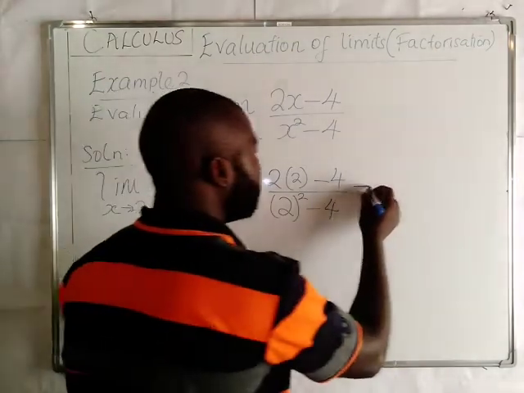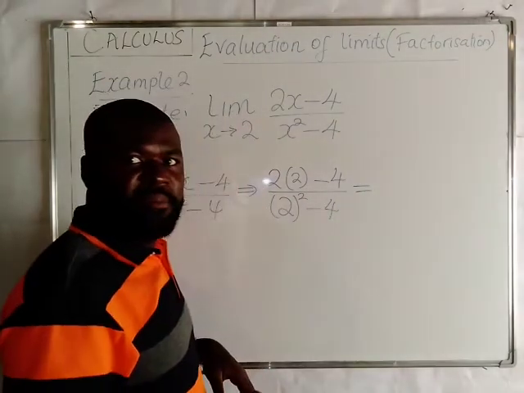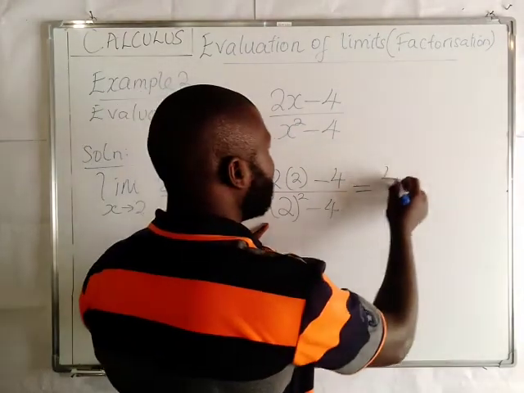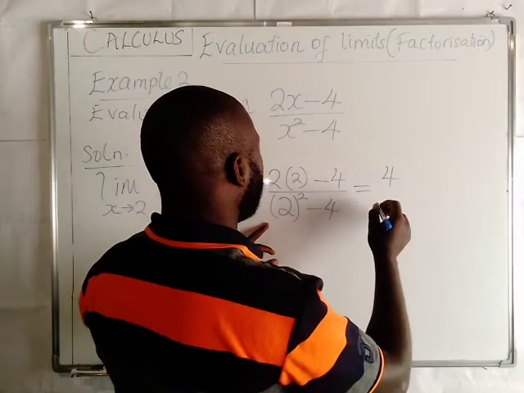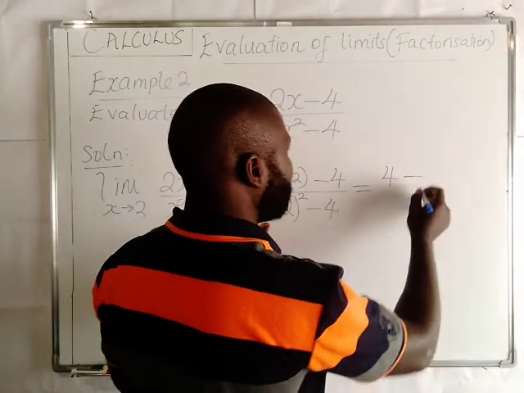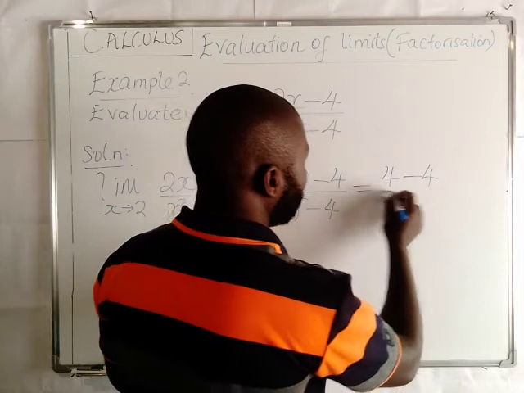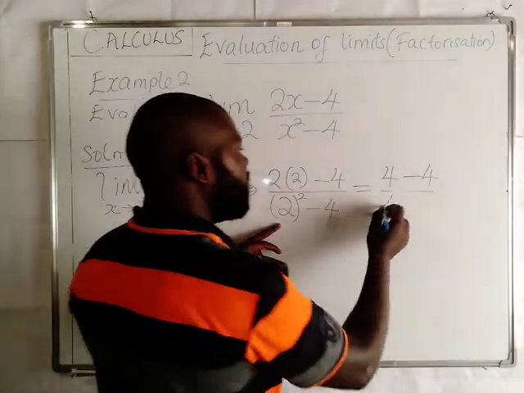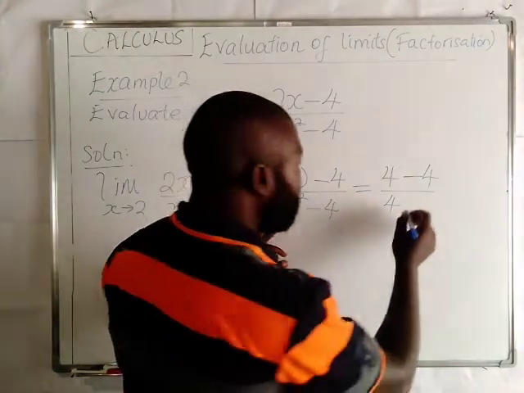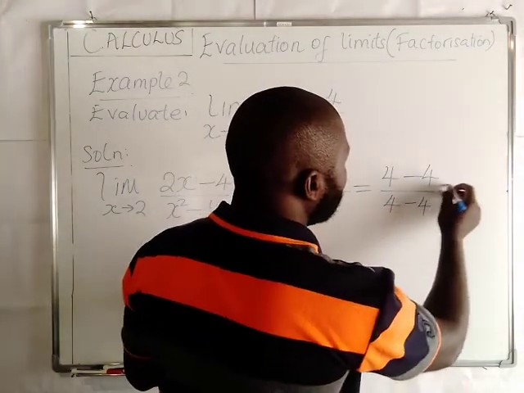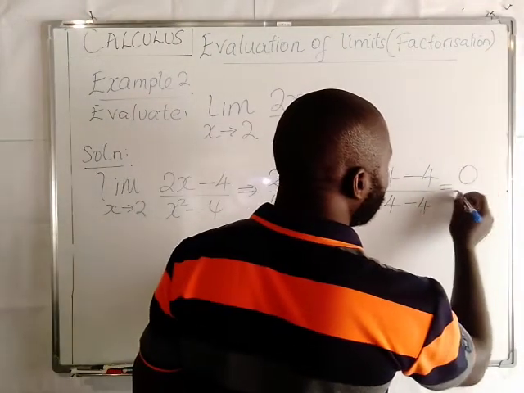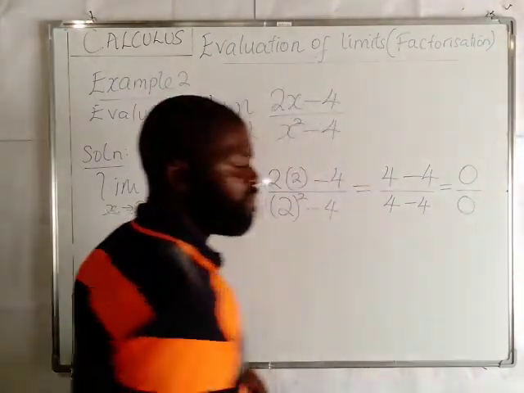So let's evaluate this fraction. 2 multiplied by 2 is 4, minus 4. 2 to the power 2 is 4, minus 4. So that finally we have 0 divided by 0.